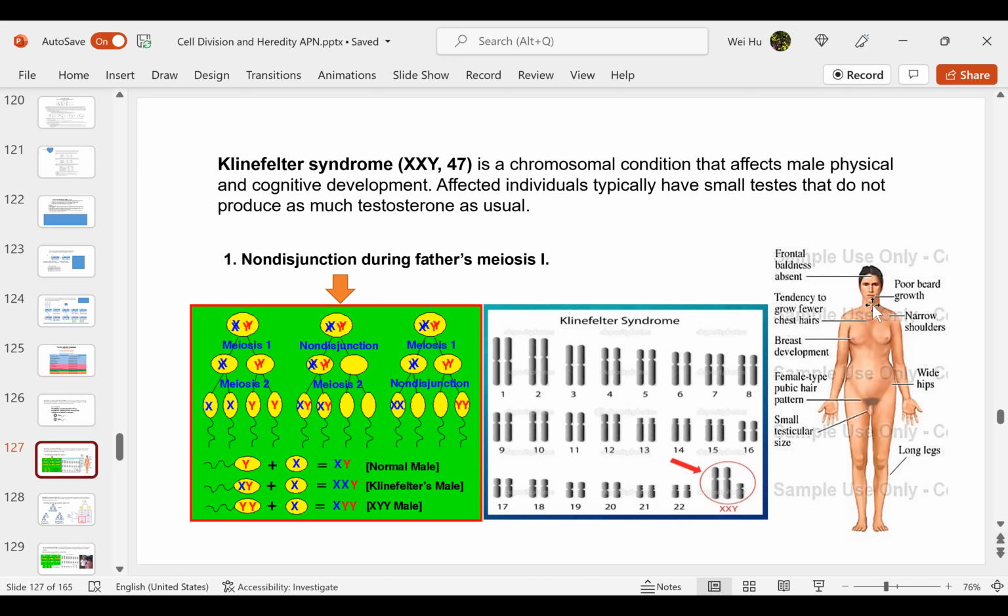Also the hair is very little. He maybe doesn't have a beard, and the body hair is really soft and sparse.